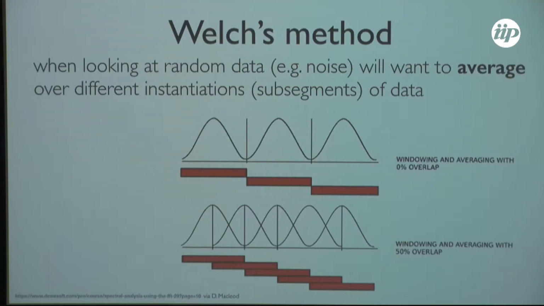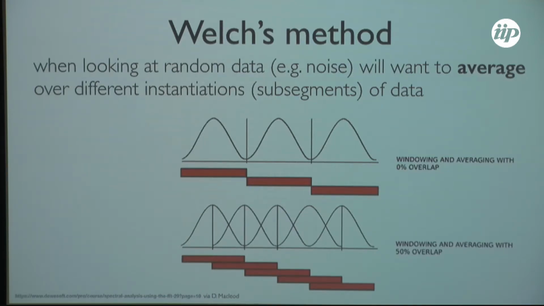You can't just grab some data and do that, because any given portion of data is just some random instantiation, some random draw from this distribution of noise. So you can't just compute the Fourier transform. That won't give you the full statistical properties of the noise, just an estimate.